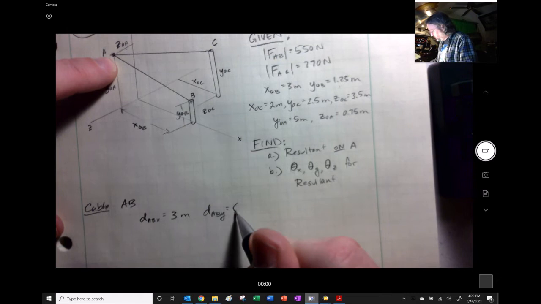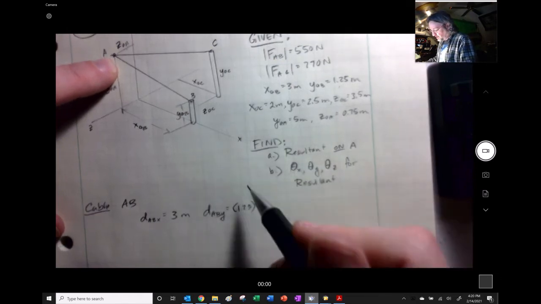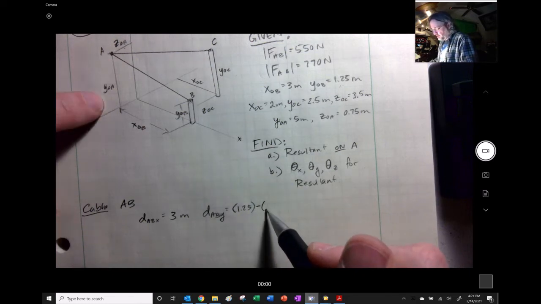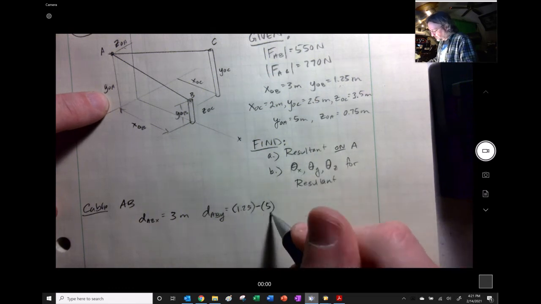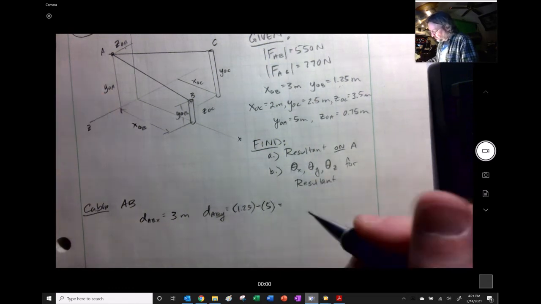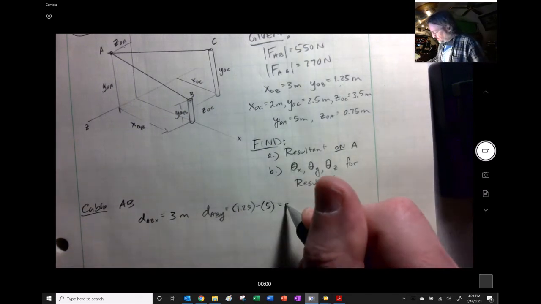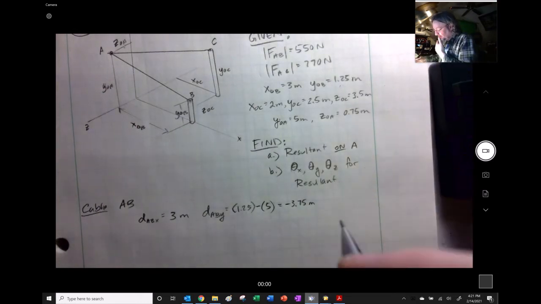So that's going to be 1.25, and we subtract out, that's the destination, so that would be like y2. I can't do that in my head. 1.25 minus 5, that's going to be negative 3.75 meters, right?